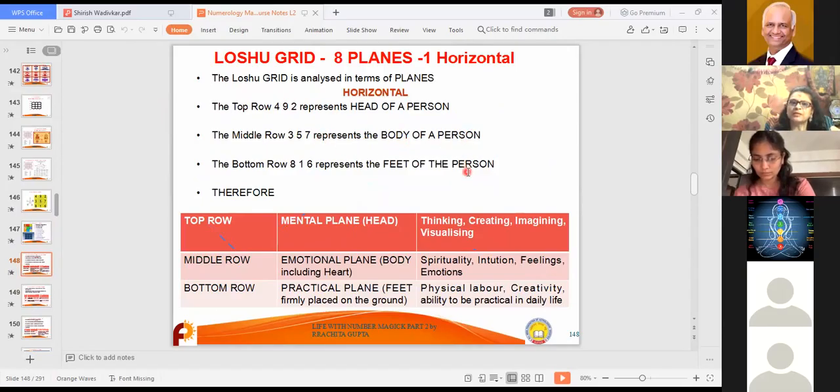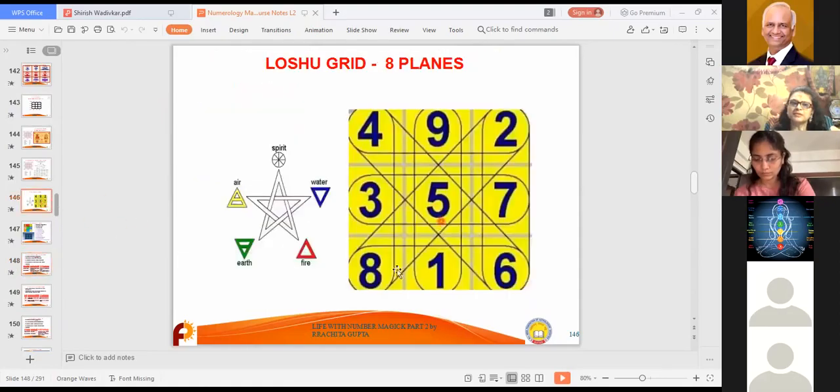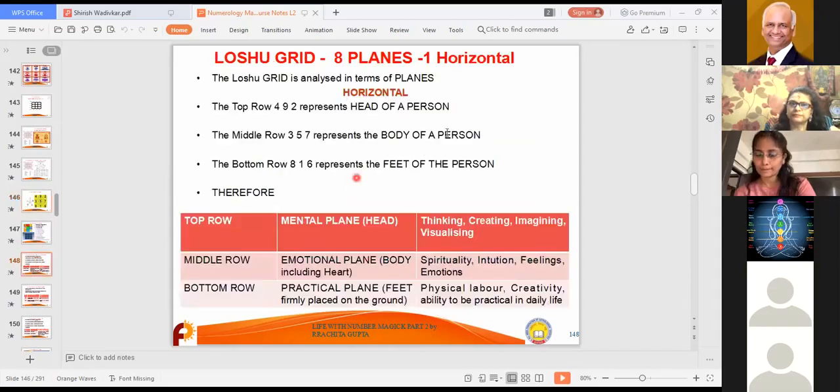And the bottom one, 816, is the legs or the feet. This is the description. Now, what are the skills associated with them? This particular slide is very important. Please take a screenshot of this or keep it somewhere where you can keep looking at it.